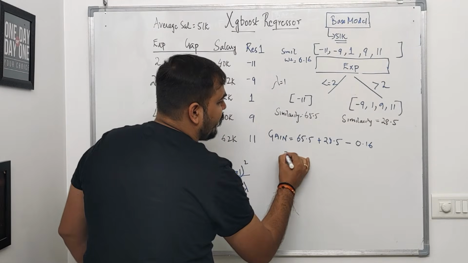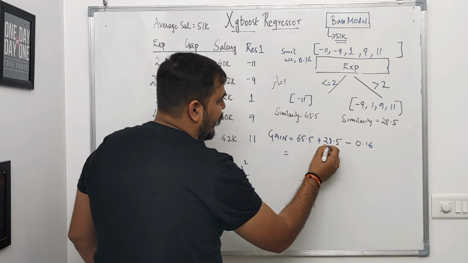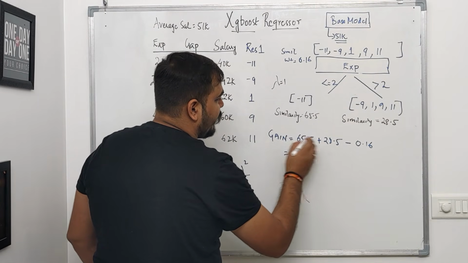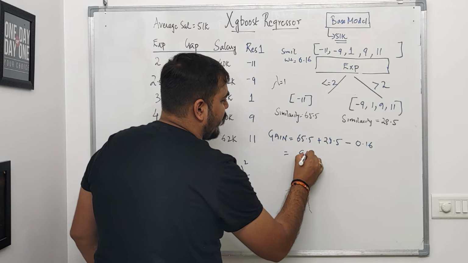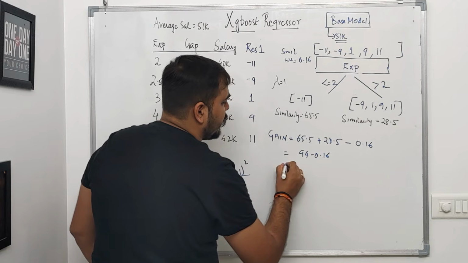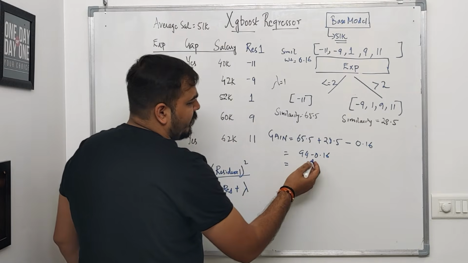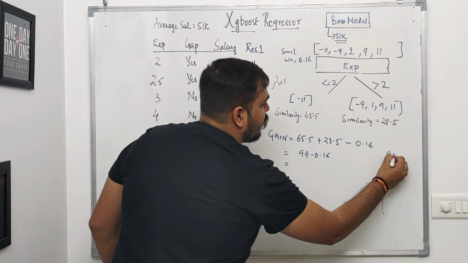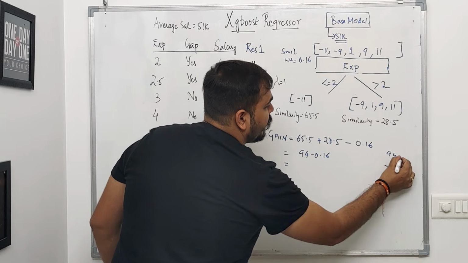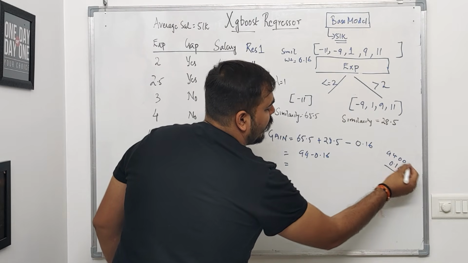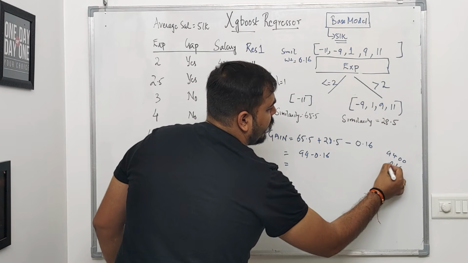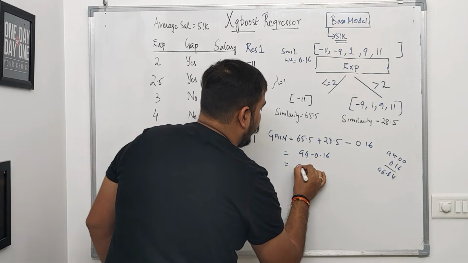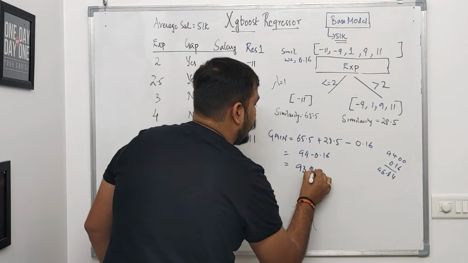Okay, so here if I try to calculate, this is 94 minus 0.16. If I subtract 94 minus 0.16, this will be somewhere around 93.84.